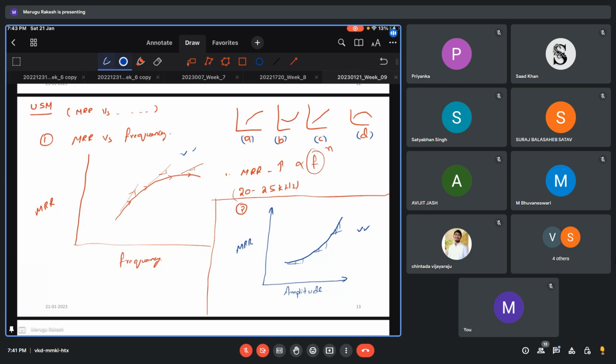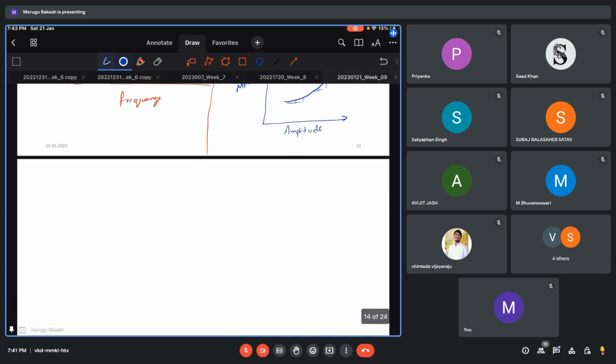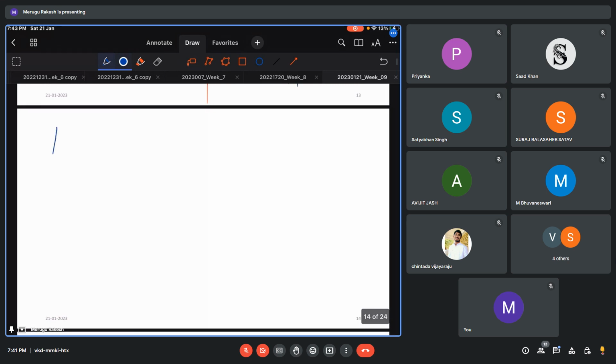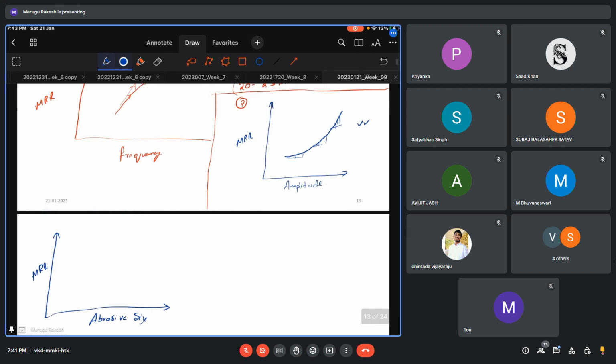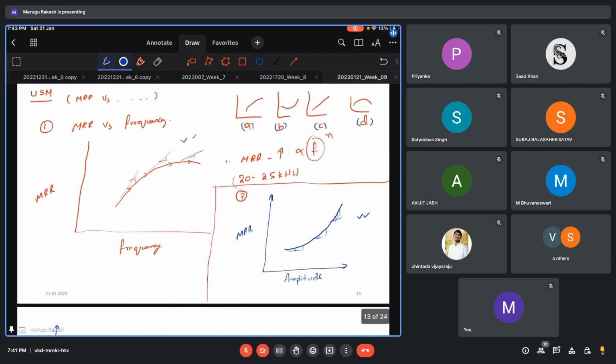Okay, so there are some other parameters also. Abrasive size. Which graph do you think with respect to abrasive size?